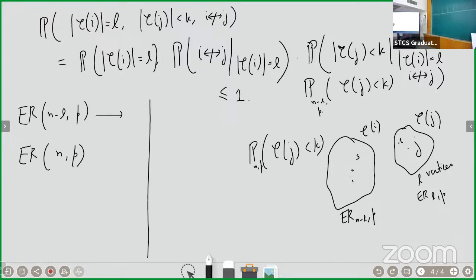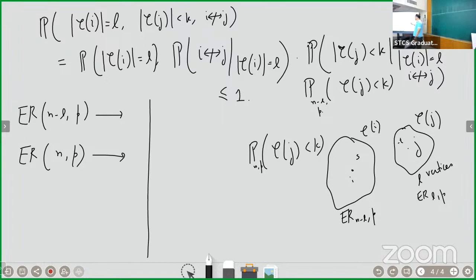I want to go to a coupling where I can compare the two. That's all I'm interested in. Right now they're not comparable, but I want them to be comparable in some way. What is that obvious thing?